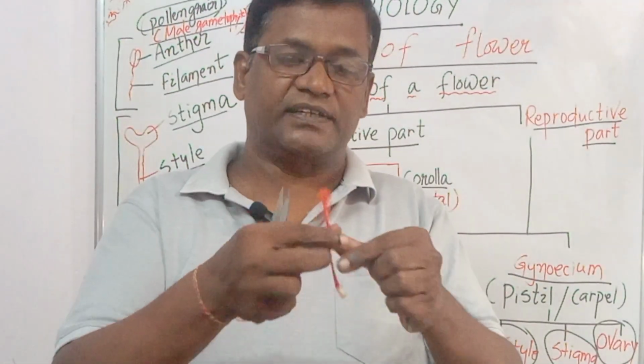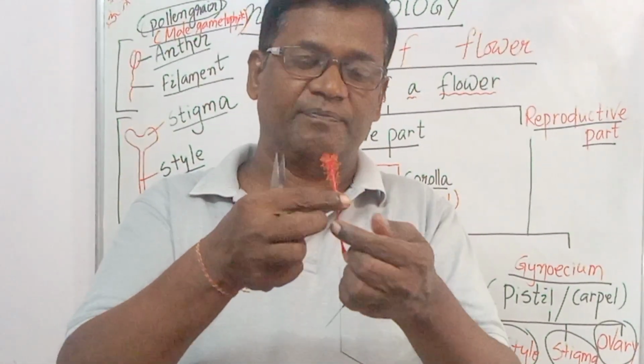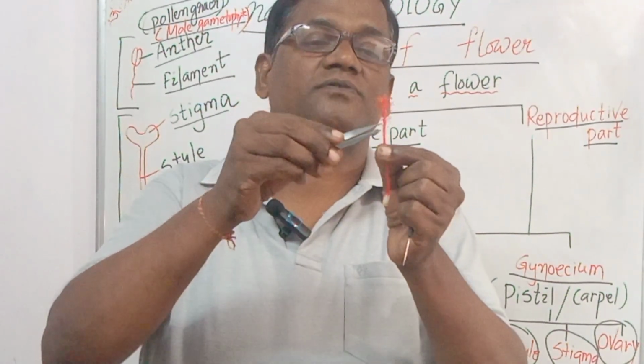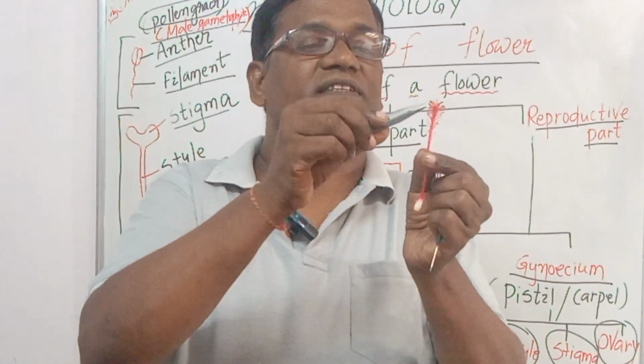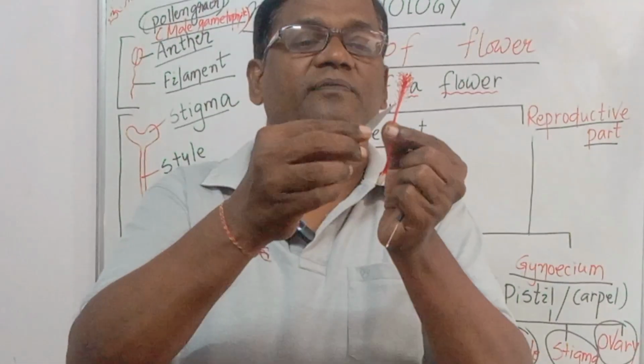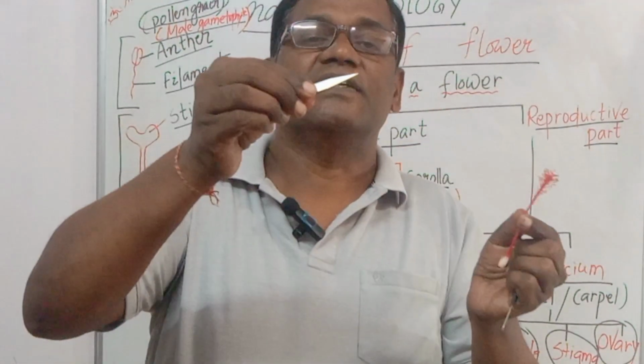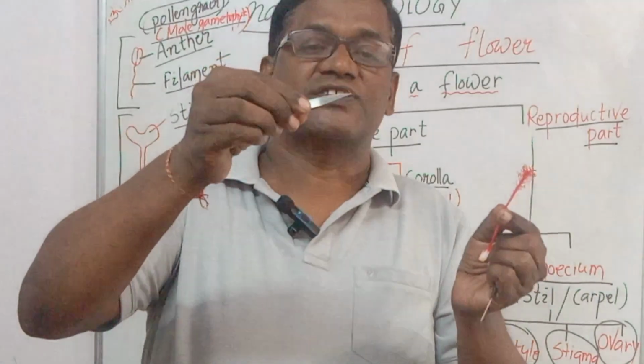Now after that, there is a very important part that I want to show you. You see here, all these are called the stamen. This part that I am taking, these are called the stamen.